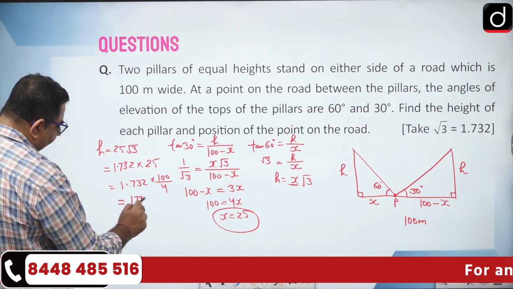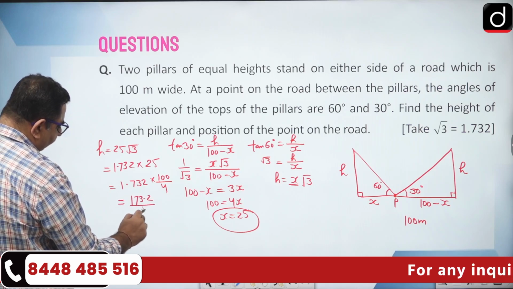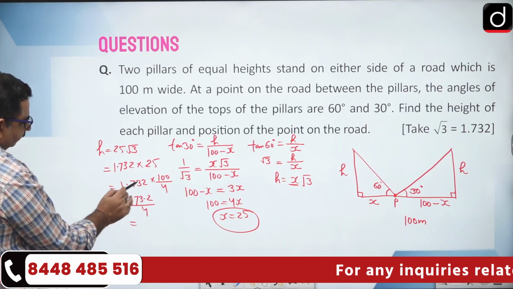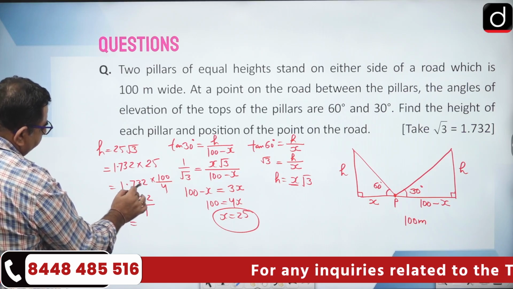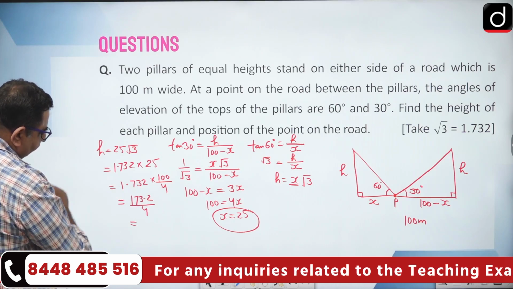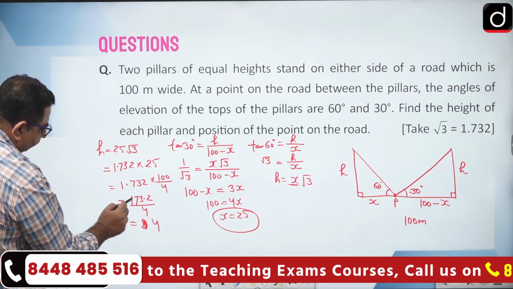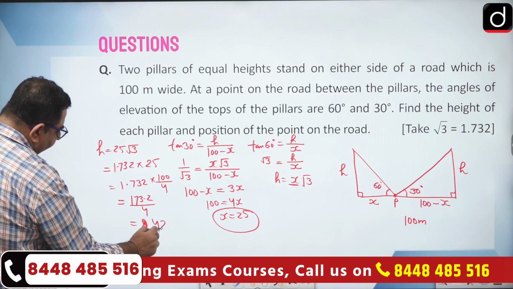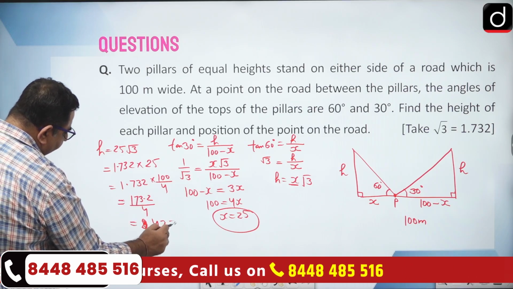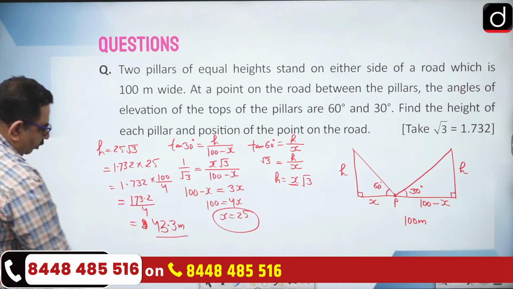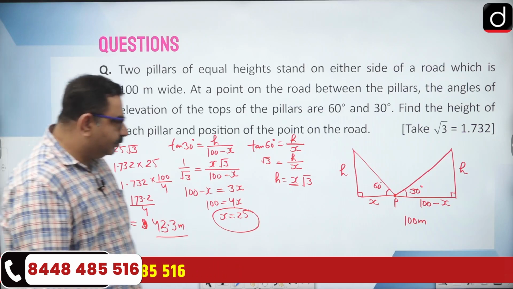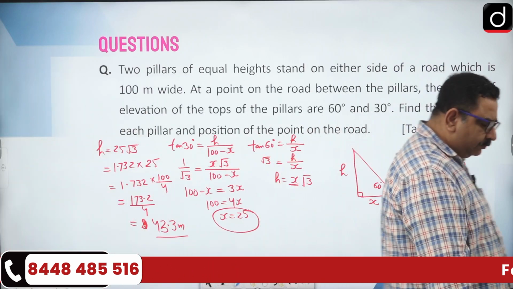So that is 173.2 by 4. So you can see this is ending with 32, so this number is totally divisible by 4. That's why we can do this. So 4 into 4 is 16, 1 3 13. 4 into 3 is 12, then again 12. So height will be what? 43.3 meters of each pole.